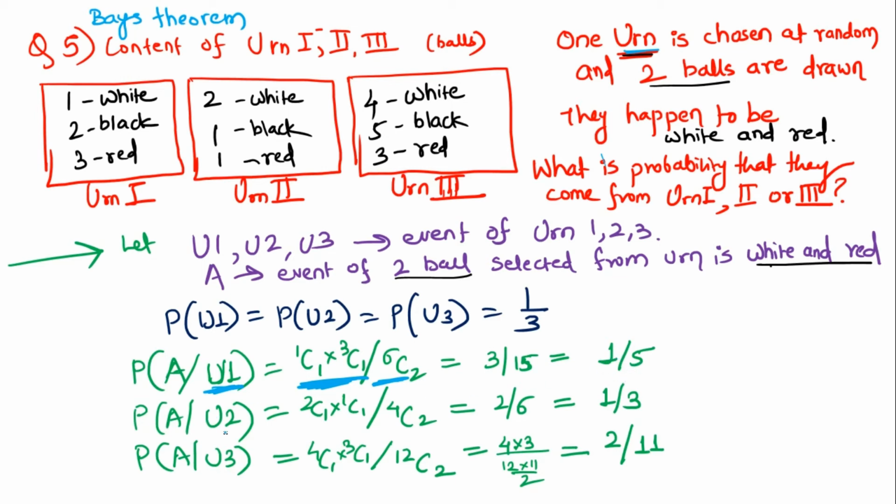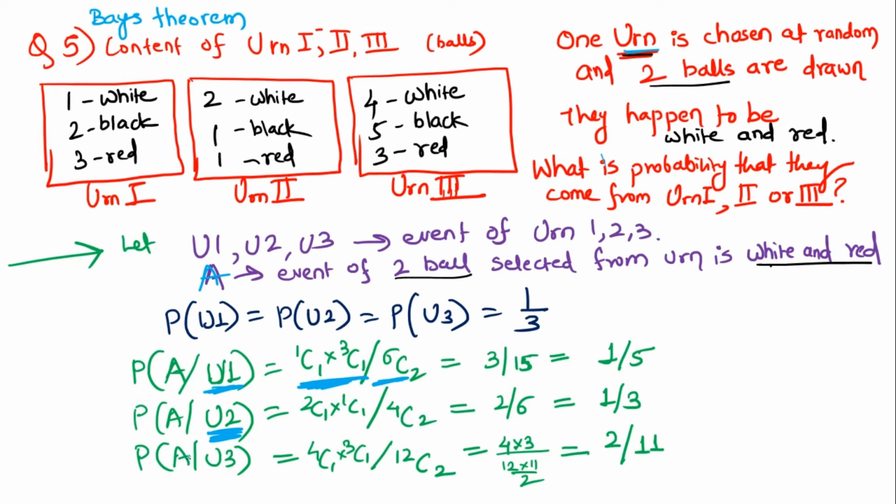In the same way we perform the same calculation for urn 2. The probability of event A, taking out two balls, one white and the other red, from urn 2 will be 2C1 into 1C1 divided by 4C2, since 2 plus 1 plus 1 is 4, which is 1 by 3.